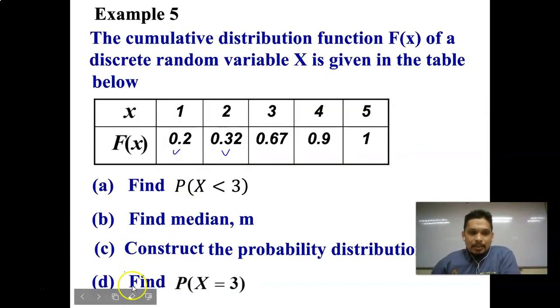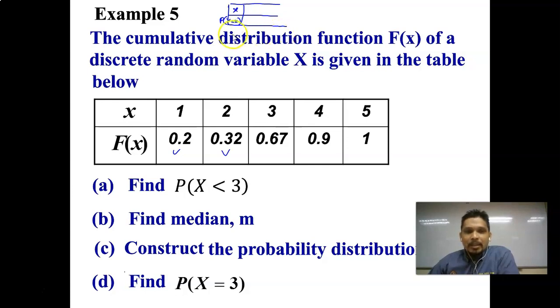So class, for this question, look at this table here now. Please be careful. Previously, we looked at the table with two columns, x and the probability of x equal to xi, and then we came out with a table of the cumulative of x.